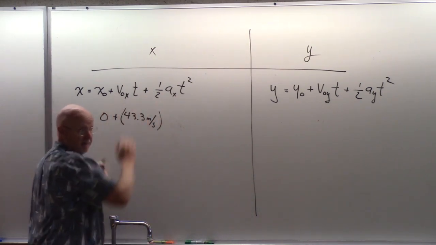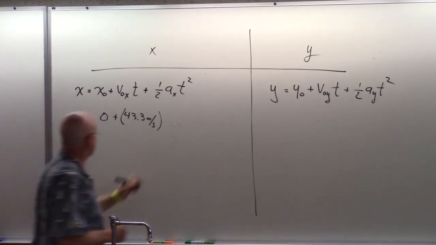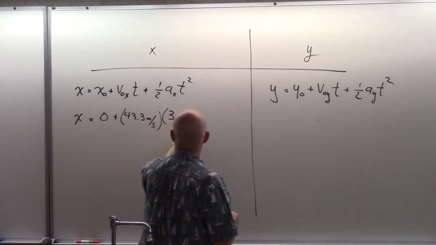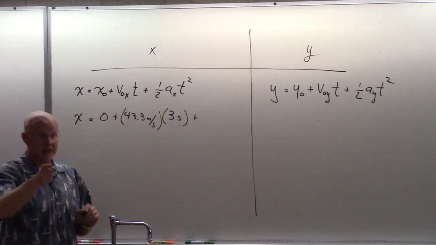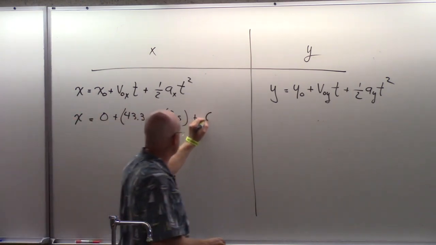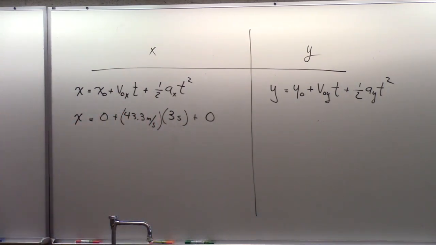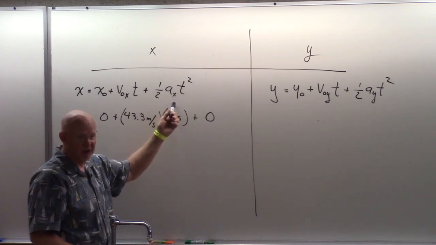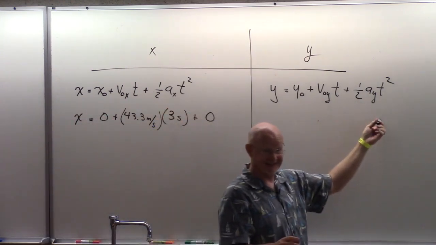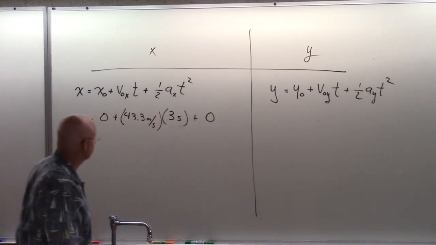Do I know the time? Yeah, they said it hits the target 3 seconds later. So I'm going to put 3 seconds. Do I know the acceleration in the x direction? Yes, it is 0. So anytime you see projectile motion, know that in the x direction the acceleration is 0, but in the y direction it is negative 9.8. I know it's tempting to put a negative 9.8 here, but that's going to go over there. X's go with x's and y's go with y's.